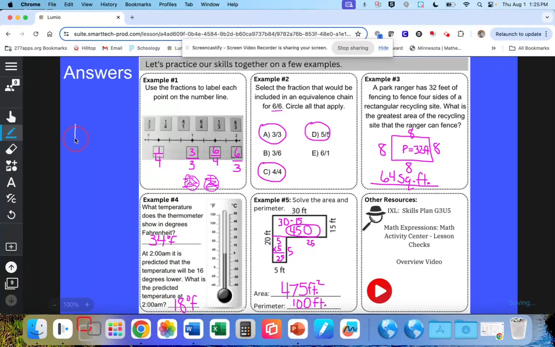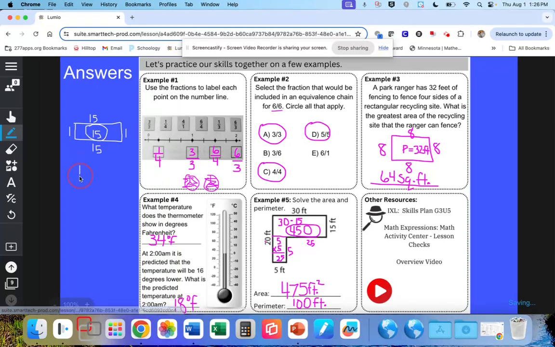Okay. If we had a perimeter of 32 and I wanted to start with maybe ones on the side, that would be 2 out of the 32, which would leave me 30 remaining for the remaining 2 sides. So that would be a 15 and a 15. If I found the area of this, it would be 1 times 15, which would be 15.